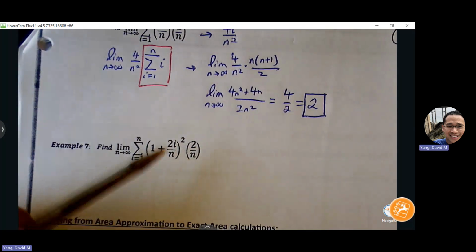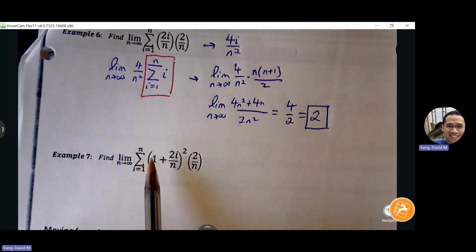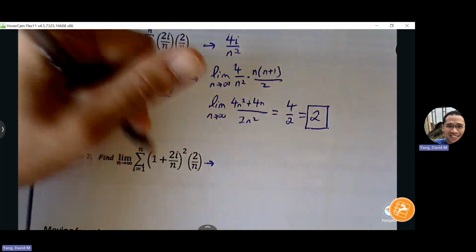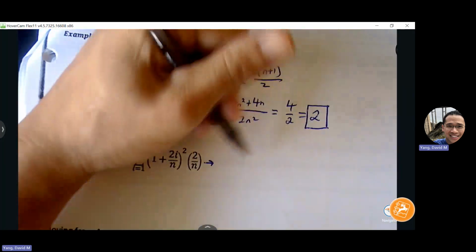Now, example 7 is a little more involved, but same idea. If I can clean all this up and I can identify the portion that my summation rules will apply to, then I can go ahead and do that. First thing though, I'm going to see if I can FOIL all this mess out. So this is 1 plus 2i over n.